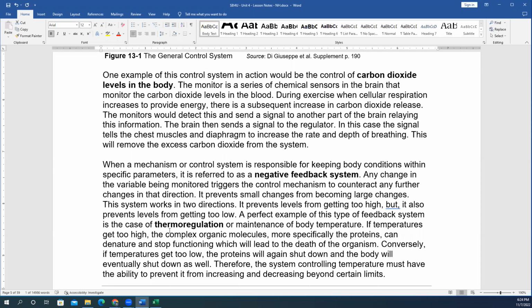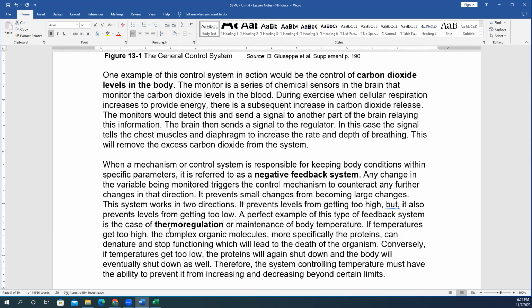These monitors detect this and send a signal to another part of the brain, relaying this information. And then the brain sends a signal to the regulator. In this case, the signal tells the chest muscles and the diaphragm muscles to increase the rate of breathing. This removes the excess carbon dioxide from the system and reduces the increased amounts of carbon dioxide back to normal levels.